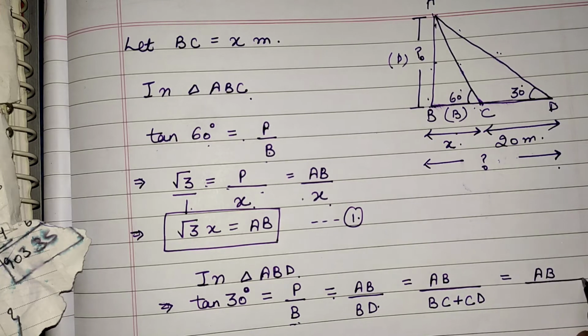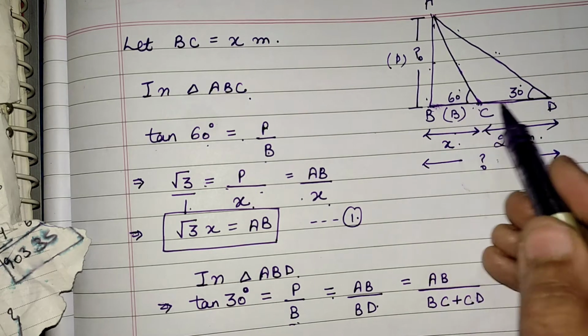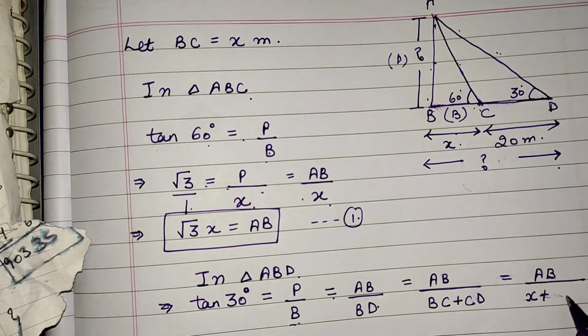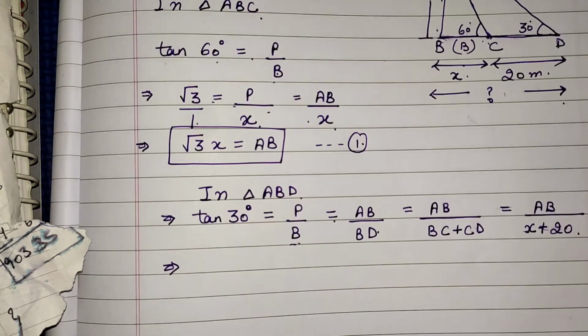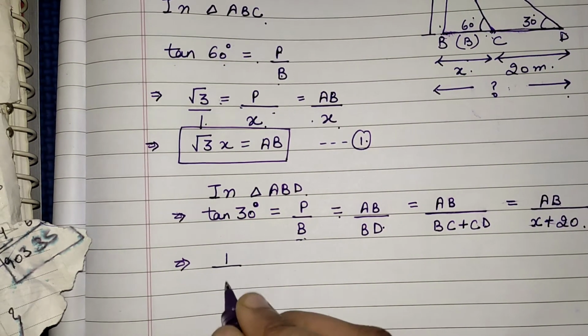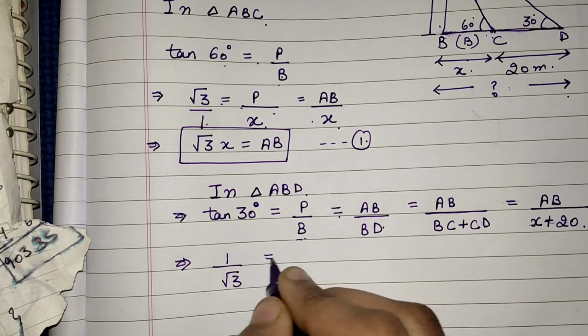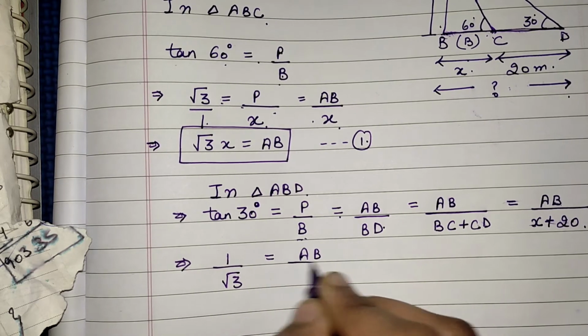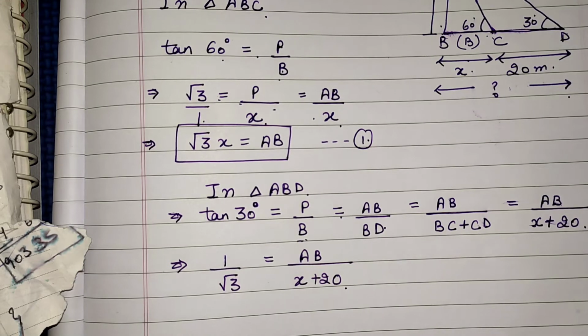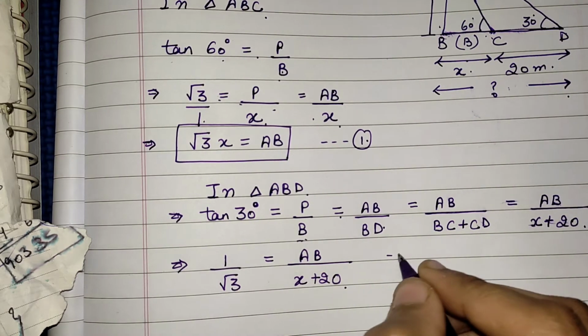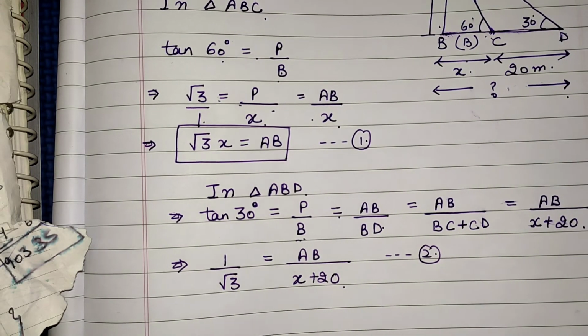AB I don't know, BC we have imagined equal to x meters, and CD is given to us as 20. So tan 30 is 1 by root 3, equal to AB by x plus 20.